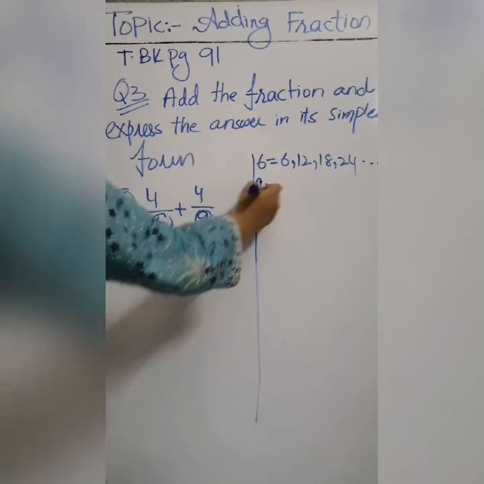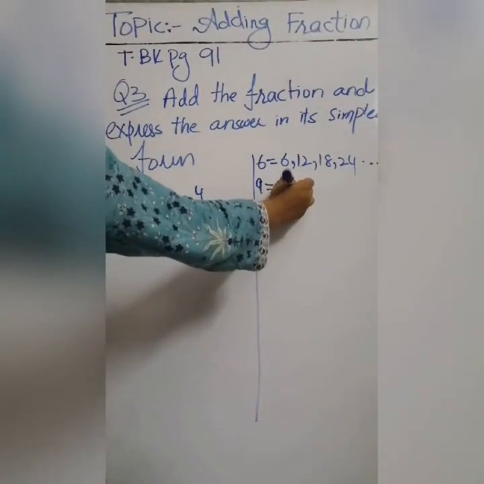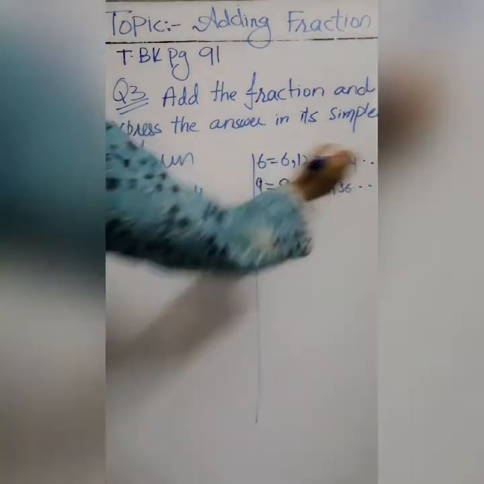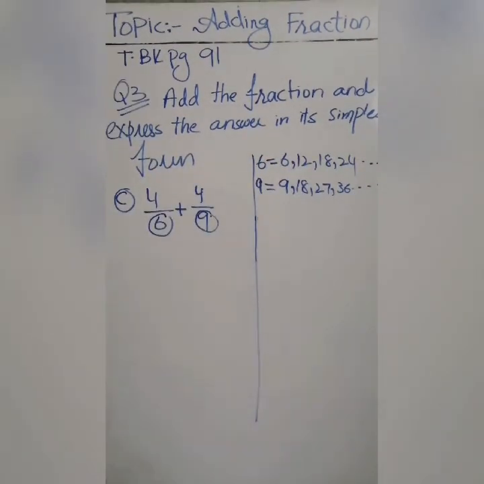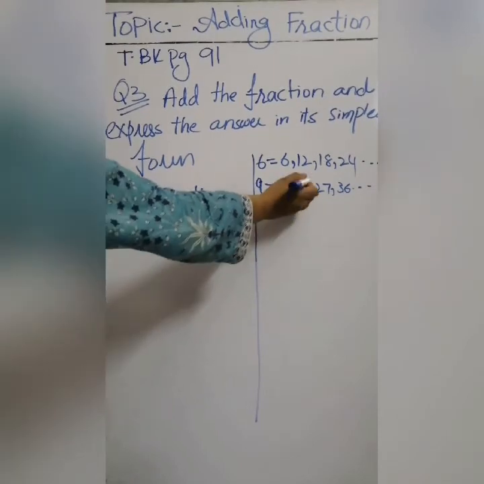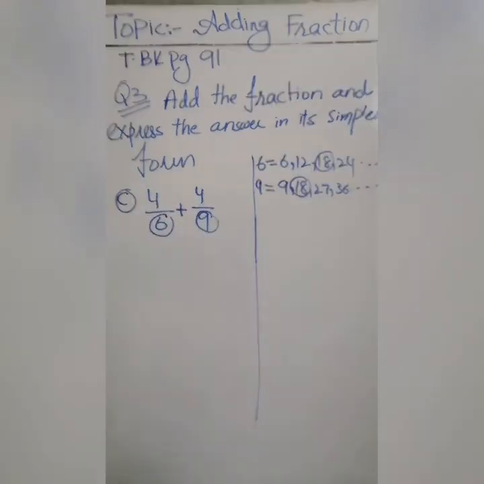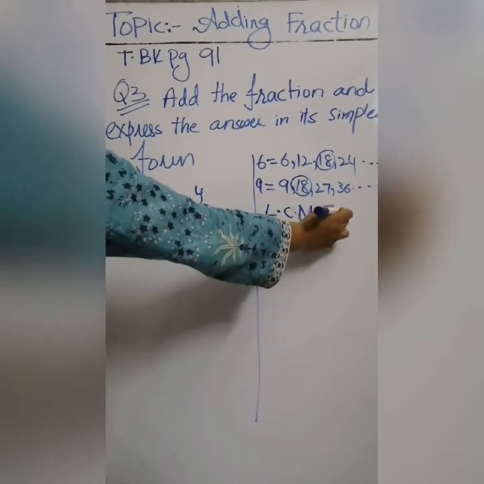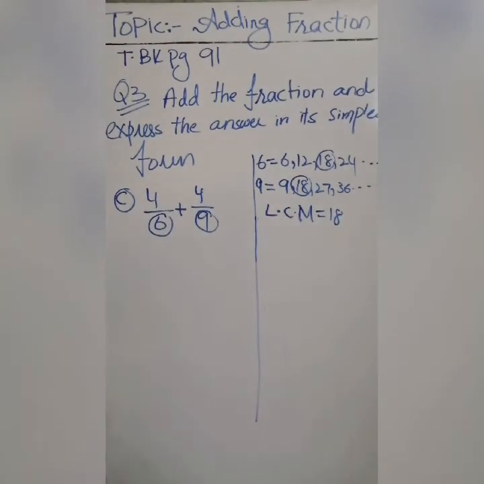Then we write the multiples of 9 and so on. Now take the least common multiple. Which number is common here? We have 18, the same number. So the LCM is 18.